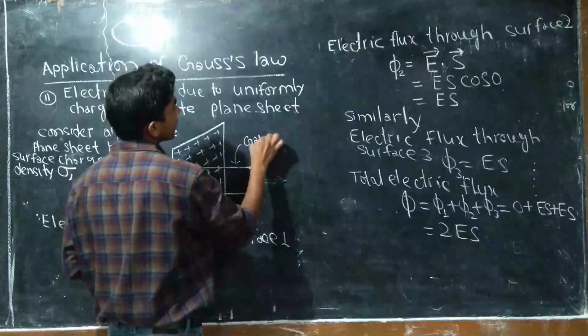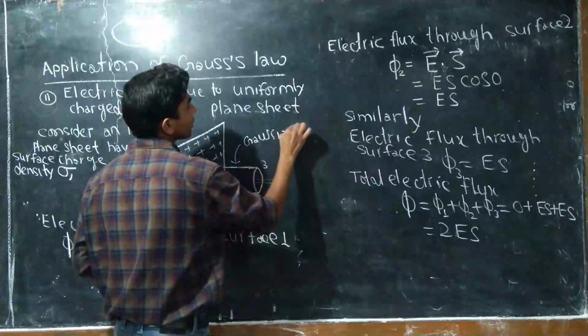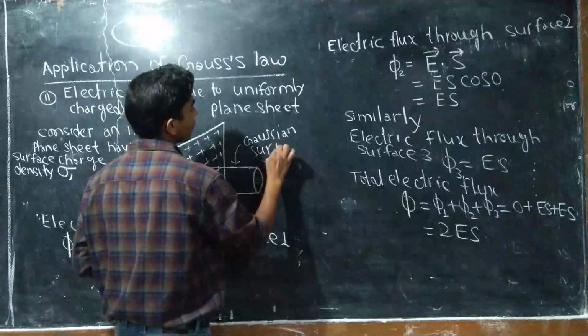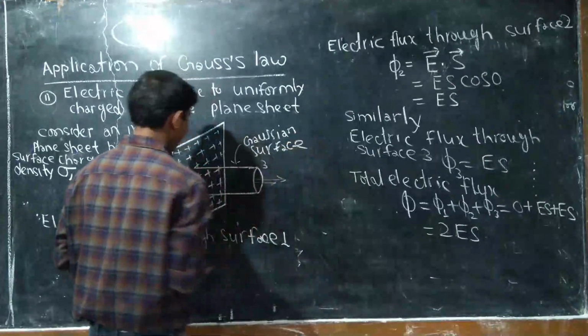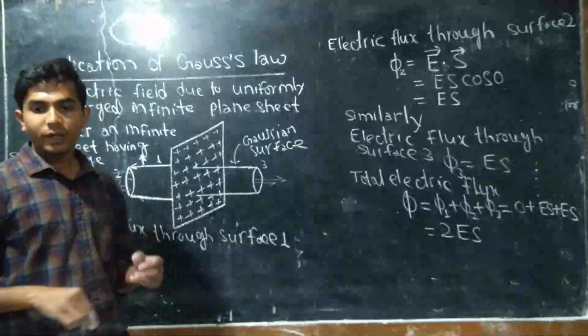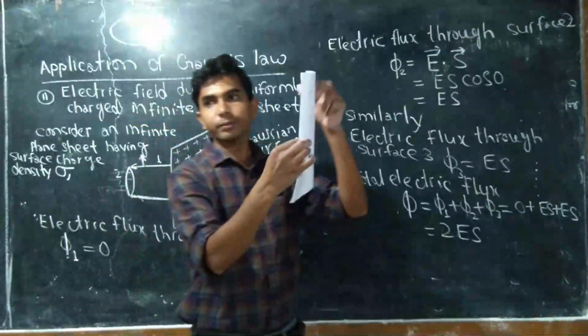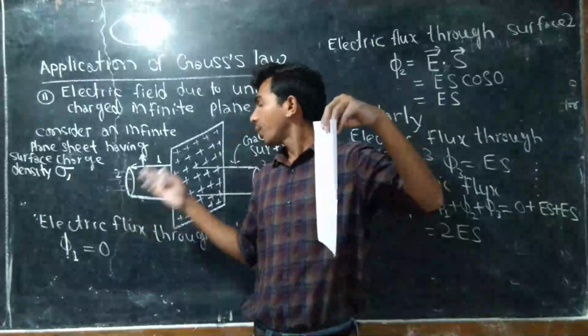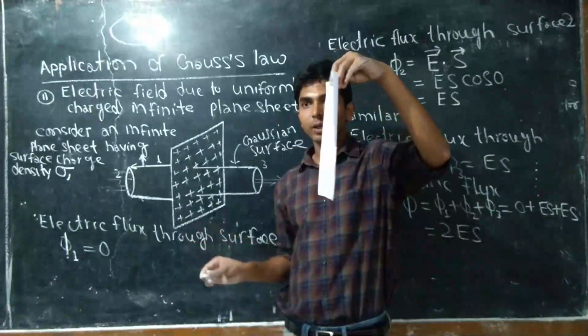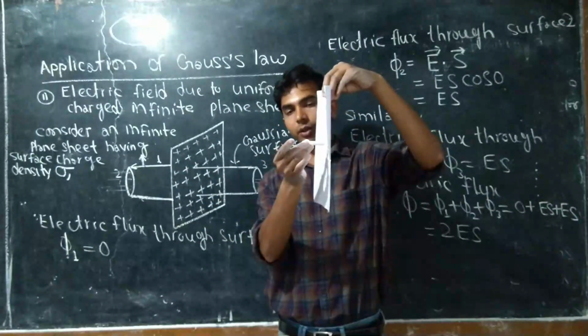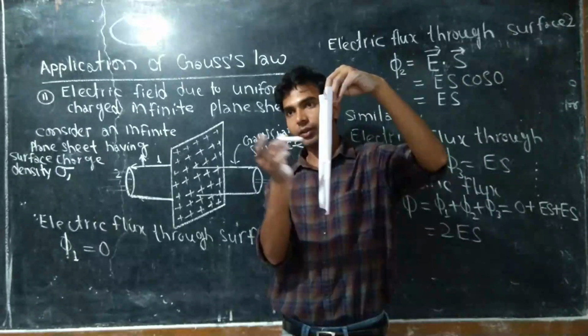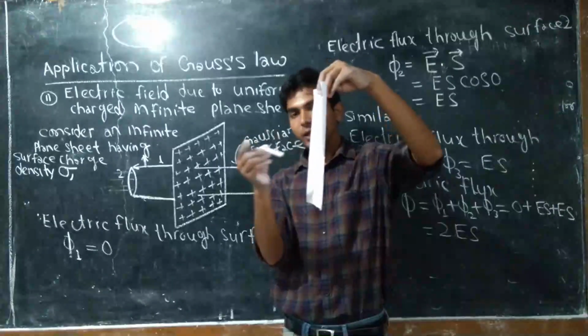Now, how much is the charge inside this Gaussian surface? You can see here this is your infinitely long sheet, and your Gaussian surface is in the form of a cylinder.